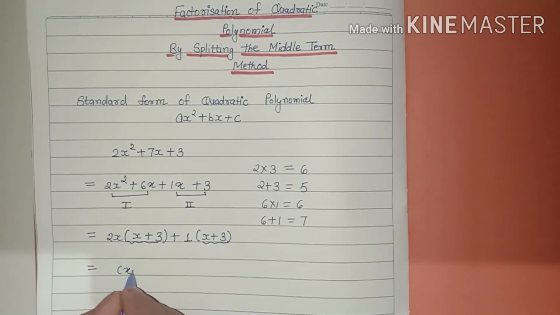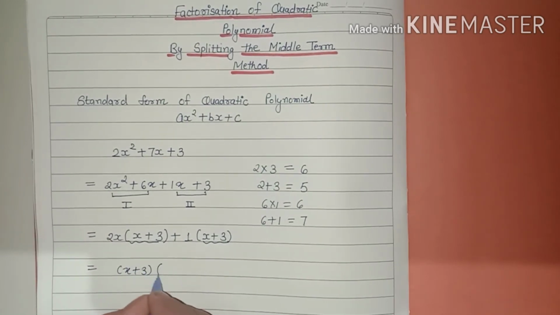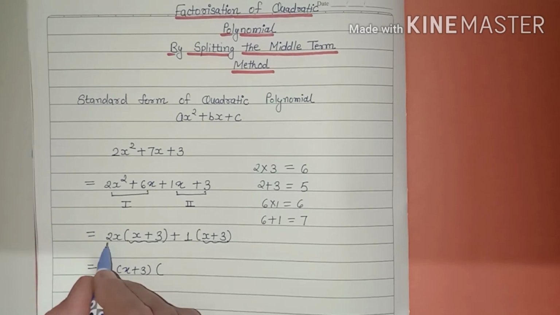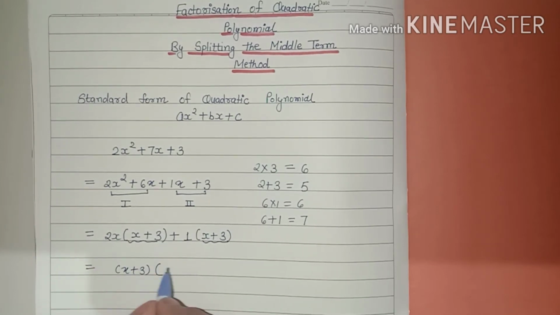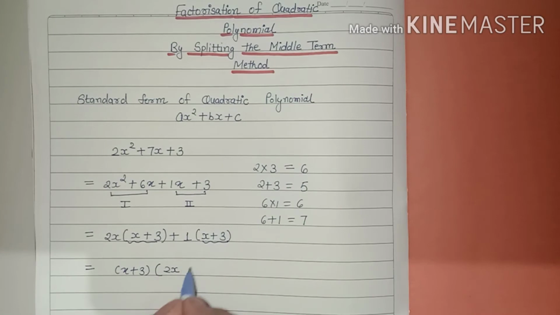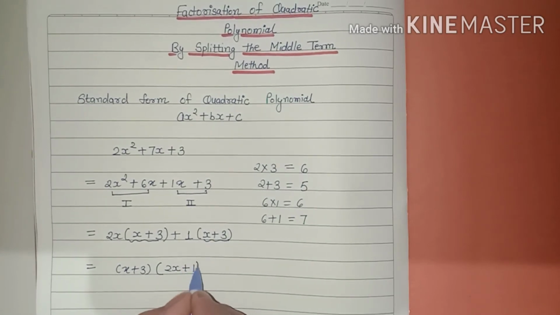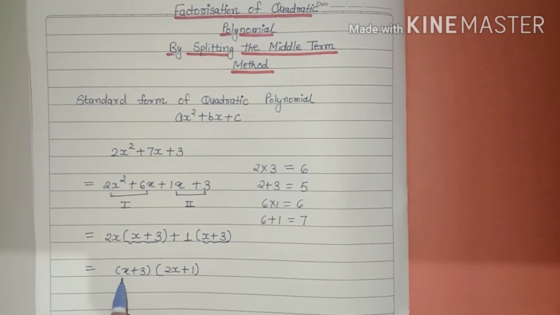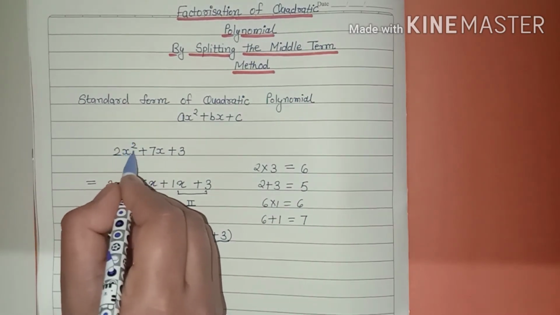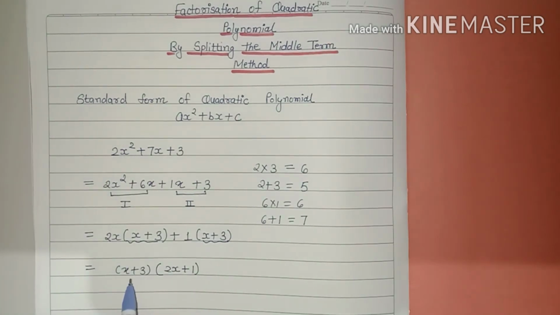So we will take common x plus 3, and in the second bracket we will write the remaining terms. In the first group what is remaining? 2x, and in the second group what is remaining? Plus 1. These are the two factors: x plus 3 and 2x plus 1. Since the degree of this polynomial is 2, we will get two factors.